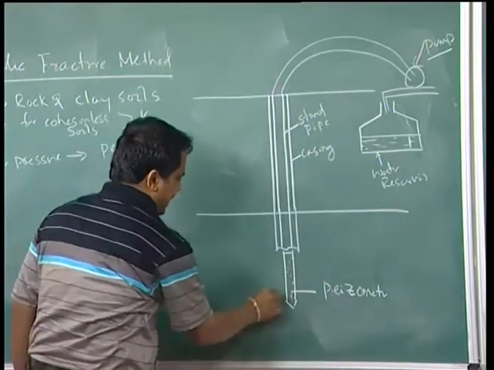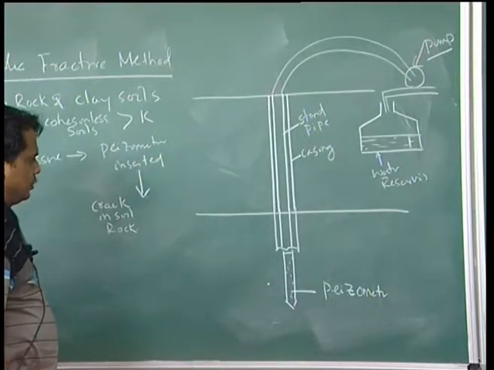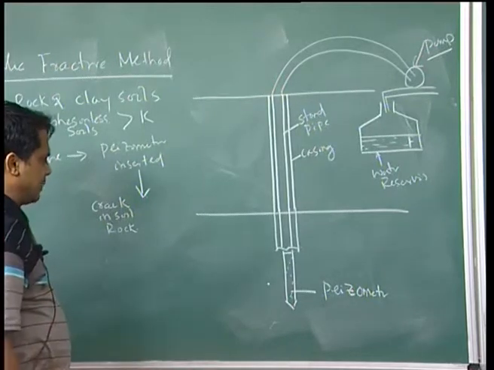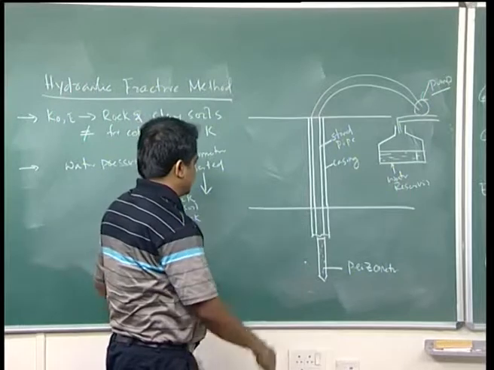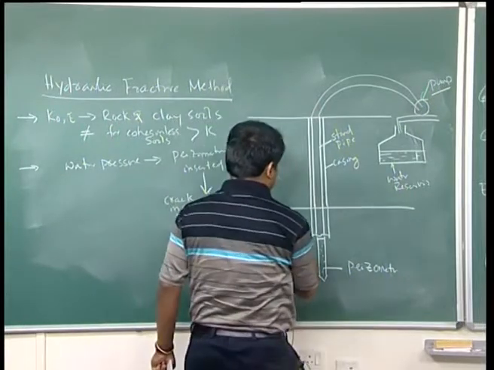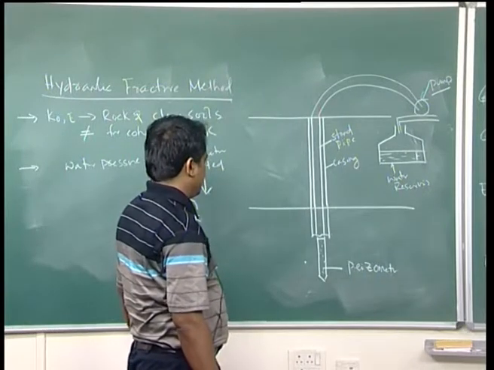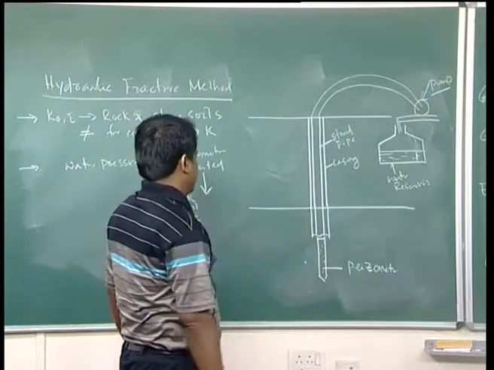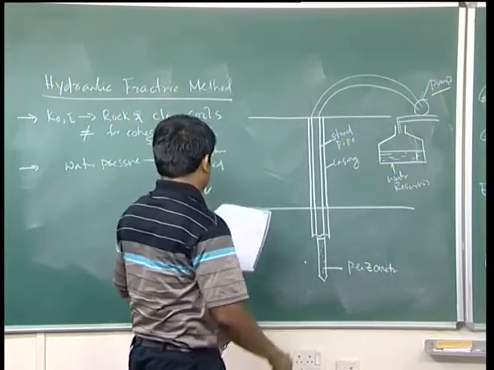Suppose at this point sigma 3 or K0 has to be calculated; through the piezometer, all-round water pressure is applied. Once the pressure increases, at a certain point a crack will develop in the soil or in the rock. The moment the crack develops, the pressure is released. That is the point of your sigma 3.